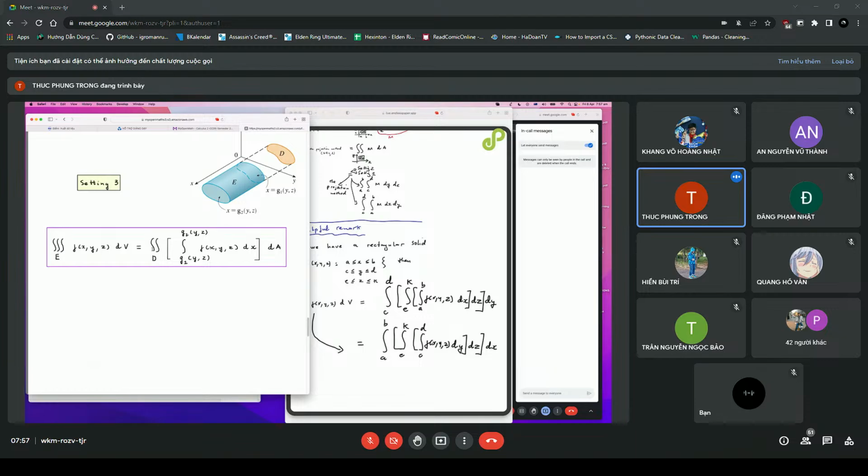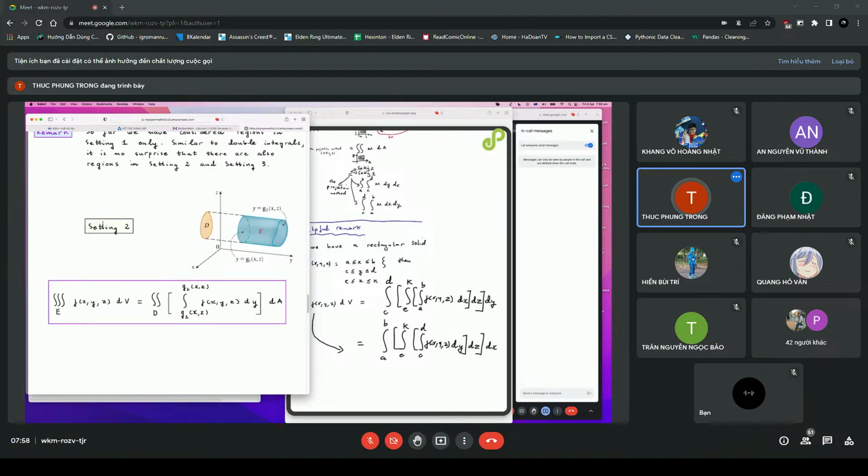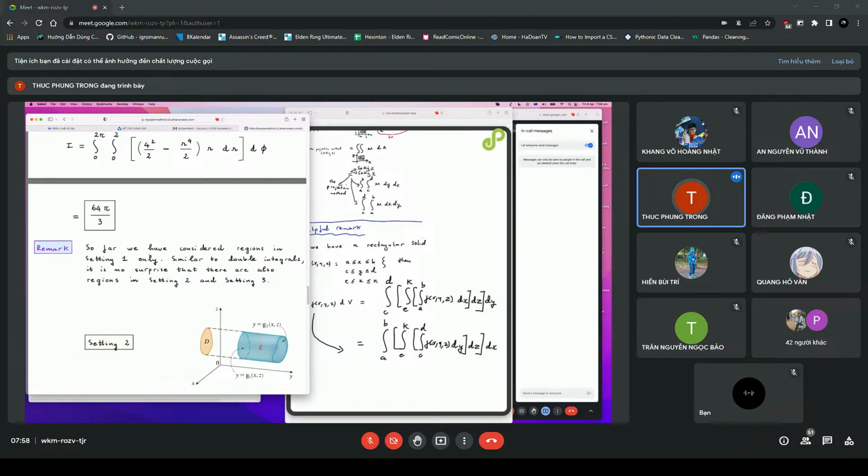However, good news is in this course, we mostly focus on setting 1 for triple integrals. So for the projection method, you will see problems given in setting 1 only. Most of the time, we rarely need to consider setting 2 or setting 3.